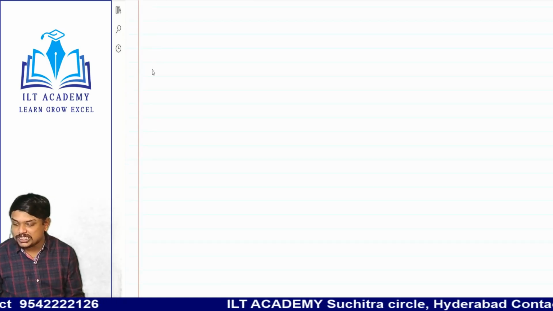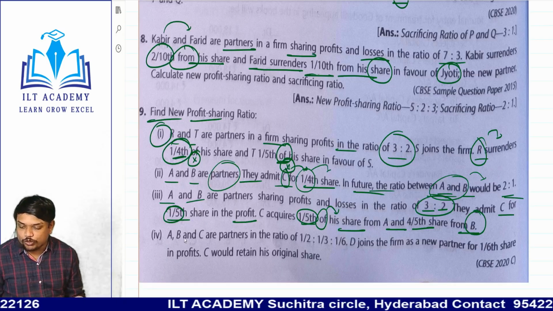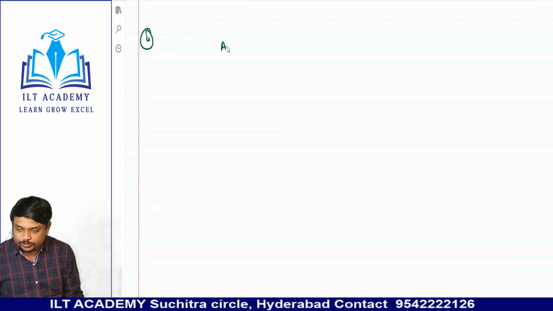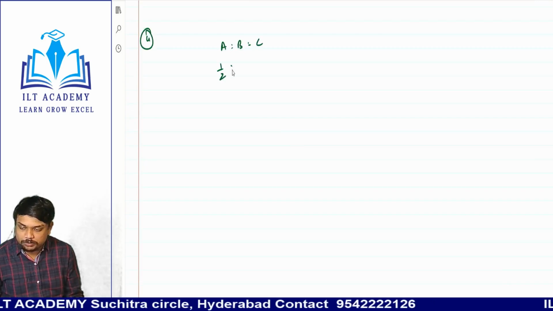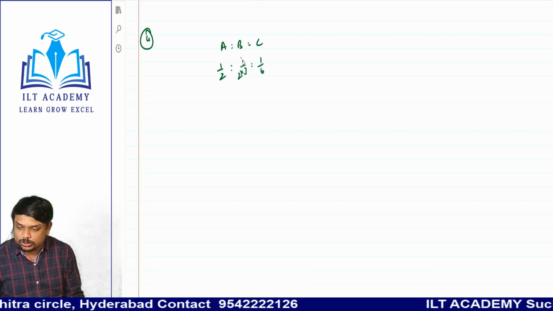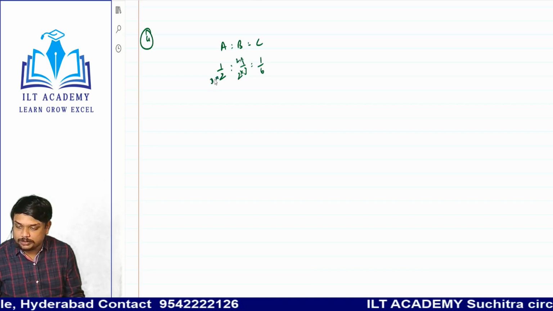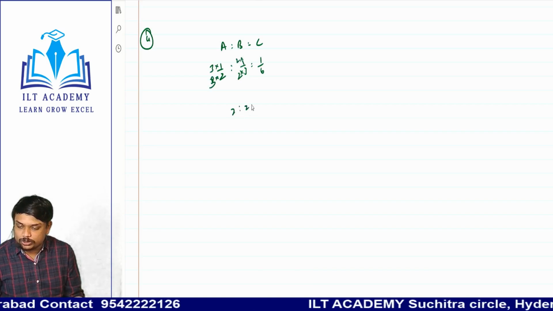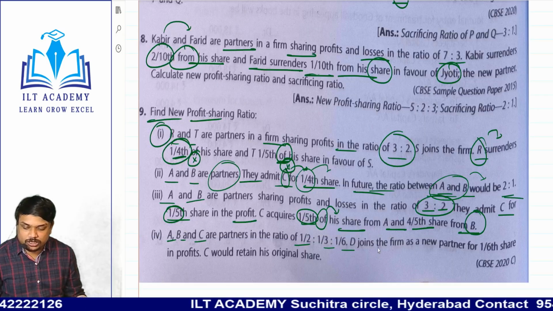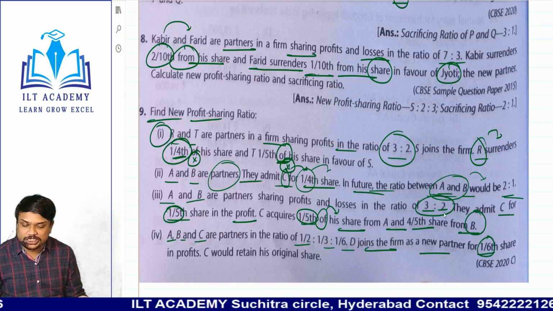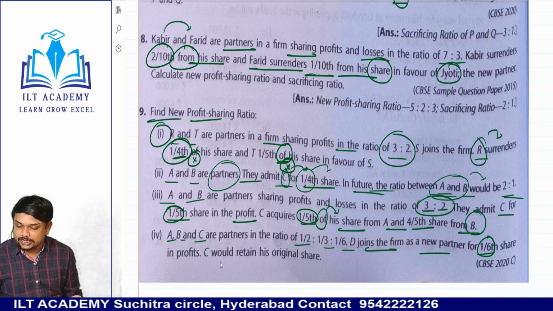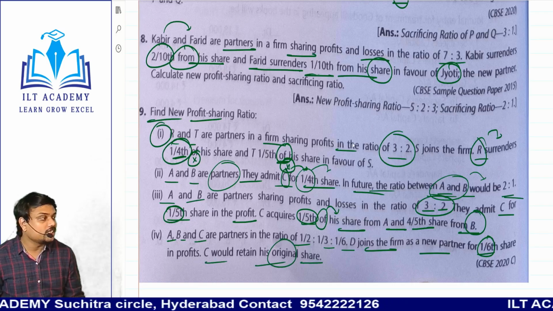Now look, in the fourth question, A, B, C are partners in the ratio 1/2, 1/3 and 1/6. So multiply by 6 and you get 3:2:1. This is the old profit sharing ratio. Now D joins the firm as a new partner for 1/6 share. C would retain his original share.